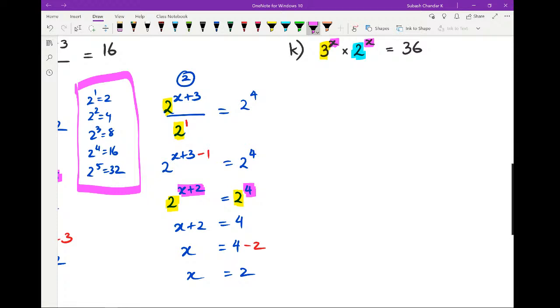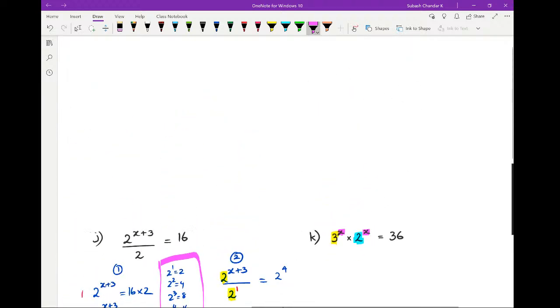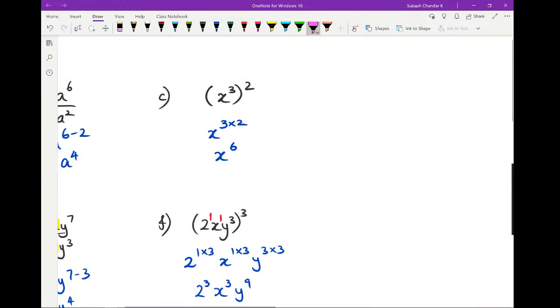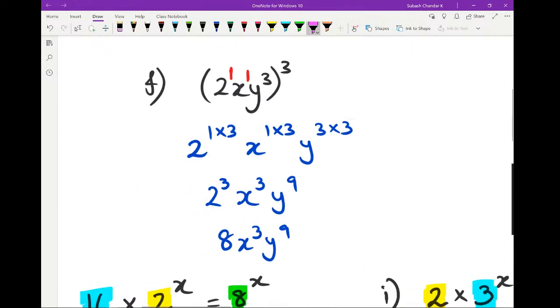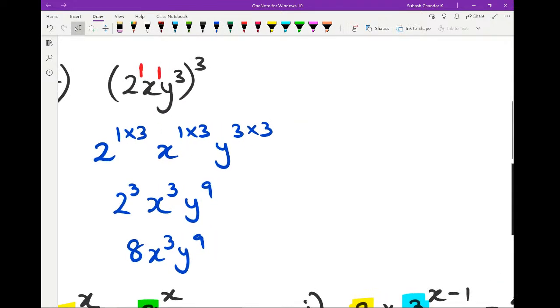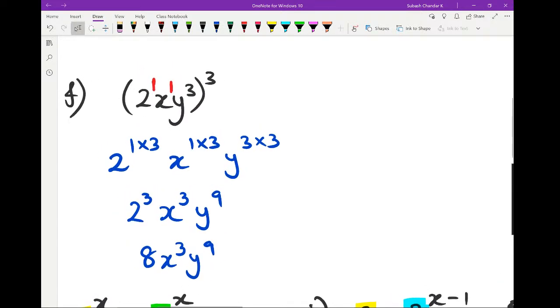So I want you guys to go back to that first question that we did today. Where was it? First question up there, not C, go to F. I'm going to show you guys here so you can see the connections between these two. So we've actually got 3x and 2x, right?